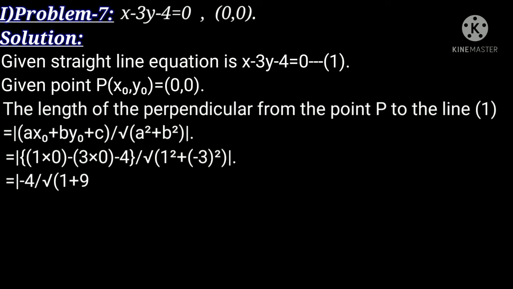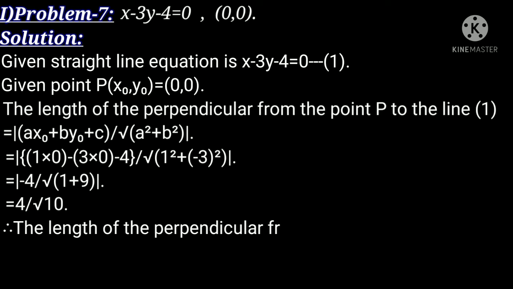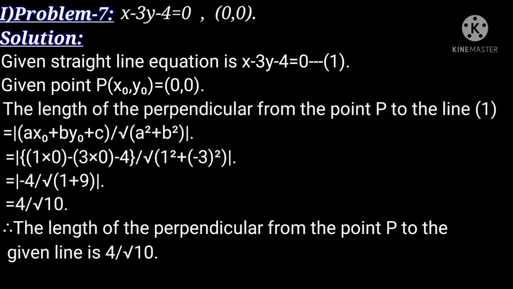Then that is equal to mod minus 4 by square root of 1 plus 9. After calculation, that is equal to 4 by root 10. Therefore, the length of the perpendicular from the point P to the given line 1 is 4 by root 10. This is our required solution.